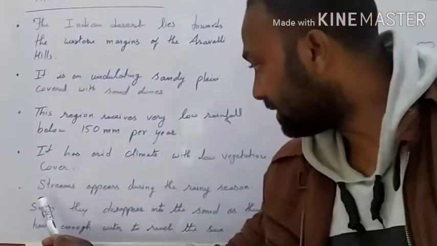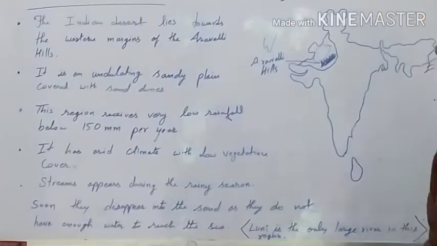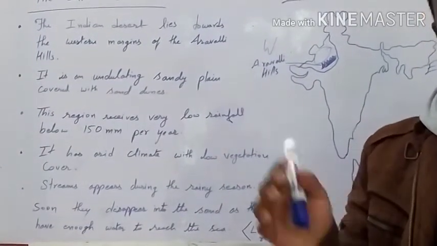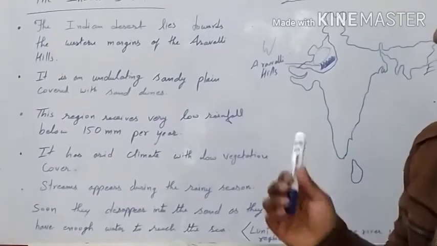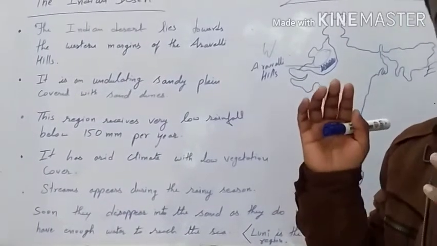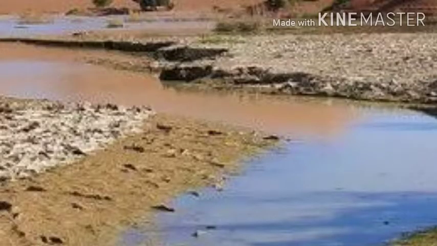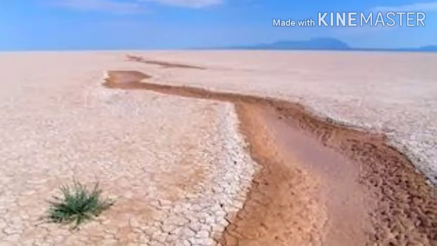The next one is: streams appear during the rainy season. It means that when rainfall occurs, small streams are formed in the desert. These are called the apparent or temporary streams of the desert. Soon they disappear in the sand as they do not have enough water to reach the sea.